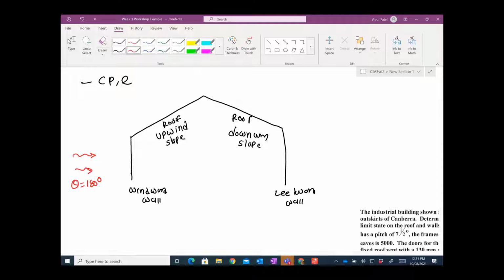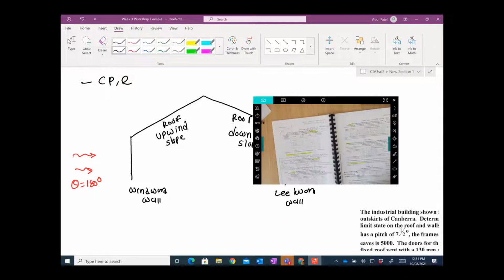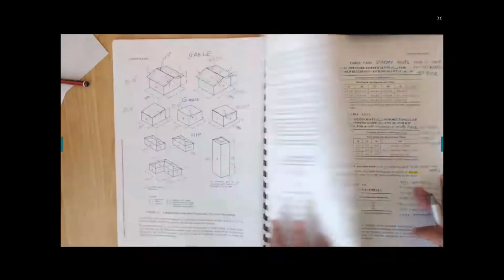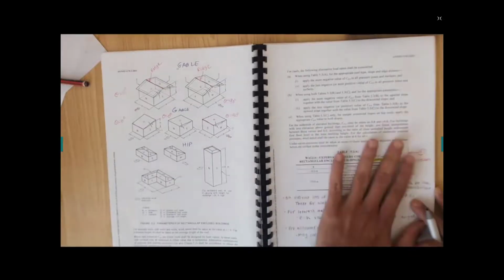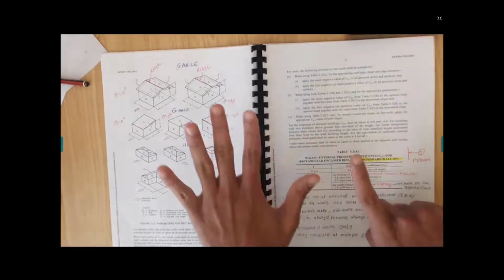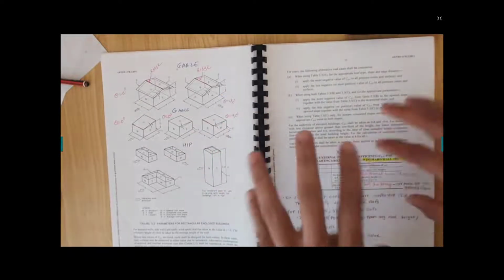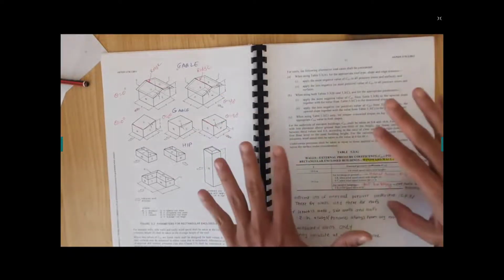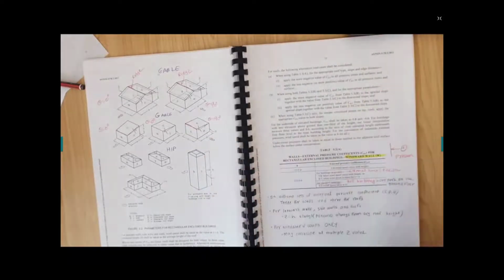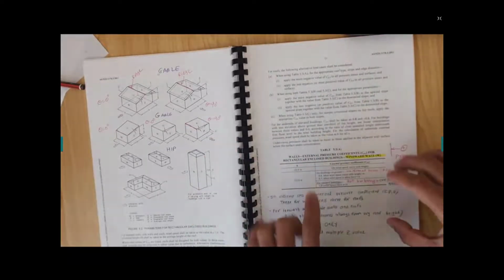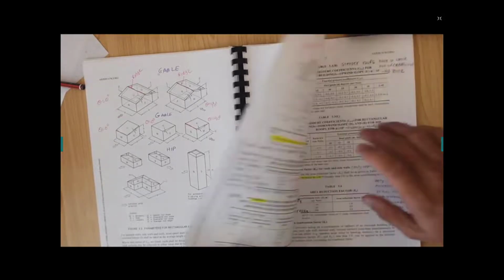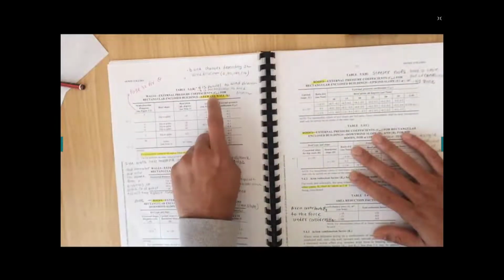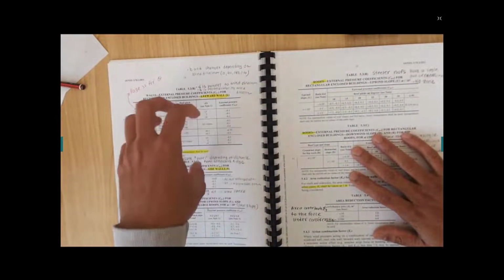Now for that CPE value for our case, CPE is the complicated one, the external pressure coefficient. For CPE, you have a total of 6 tables that you need to deal with. If someone says that I want to calculate the CPE, you have 6 tables. Now I will tell you what the 6 tables are. Table 5.2a is for the windward wall. Table 5.2b is for the leeward wall and 5.2c is for the side wall.